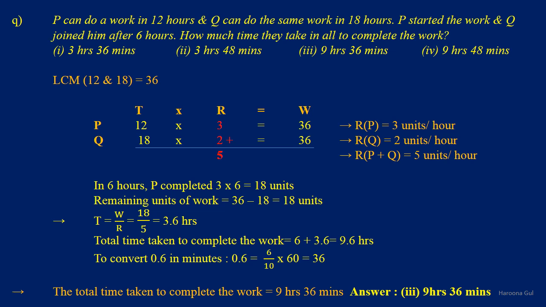Now the question says that P started the work and Q joined him after 6 hours. So before Q joins P, we're going to see how much work is done by P, and for that we're going to multiply the rate of P by the number of hours, which is equal to 3 times 6, which is equal to 18 units.